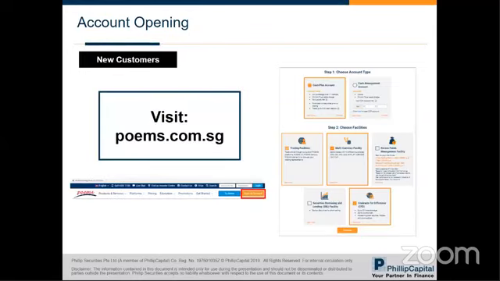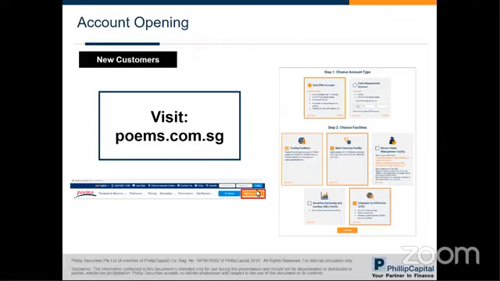If you are new to Poems, if you are joining us as a guest, you are most welcome. If you want to trade CFD or equities, whether you are local or a foreigner, please visit this website, poems.com.sg, and open an account, which is on the left-hand side corner of the page.